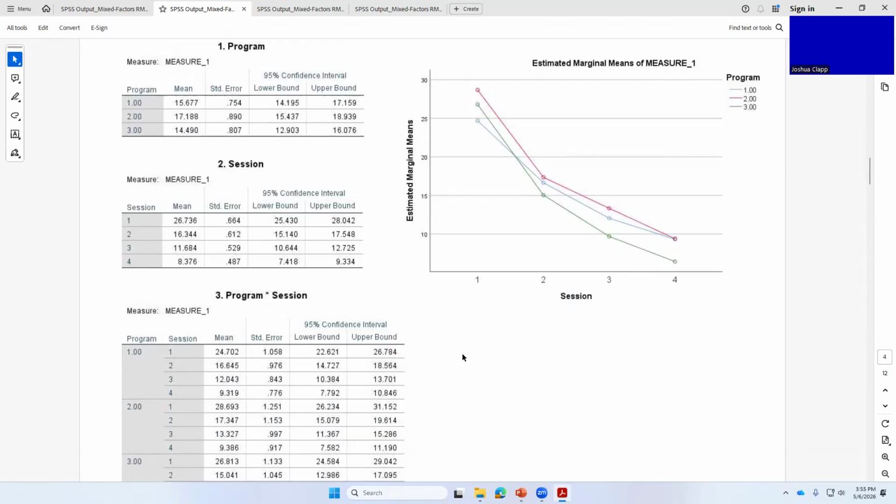Steeper drop off, I guess, of scores across sessions. Program 3 definitely ends at the lowest point, but it looks pretty parallel to 2. 2 starts out higher and ends up a little bit higher, but I don't know if there's much different going on there. 1 is kind of in between here.